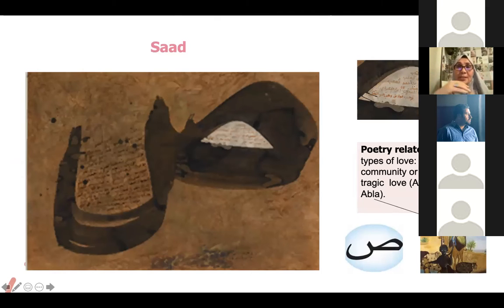You can see it in the resource pack, but I only wanted to show you here that what we did, we linked it to Antara and Abla, and this way of approach is linked to their studying in the mainstream schools where they study about Romeo and Juliet.